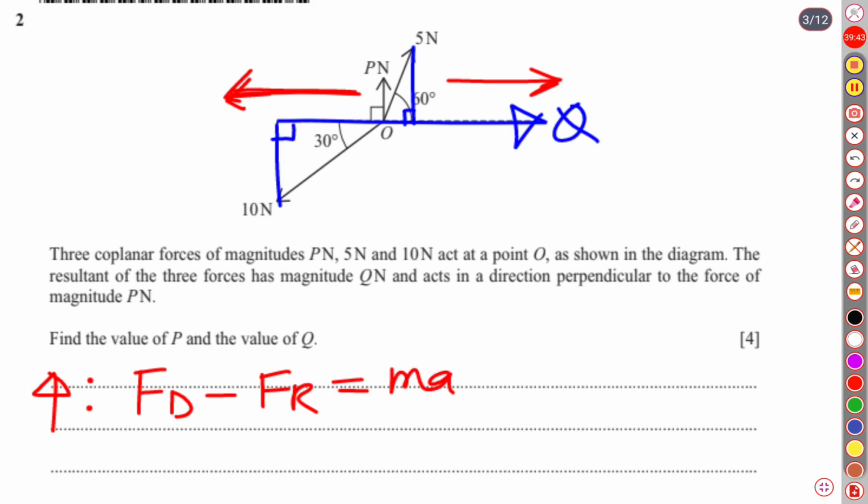Okay, we are applying Newton's law of motion. So for the vertical direction, if we take the right side triangle, it is going to be 5 sine 60 degree plus P, which is also acting upward.